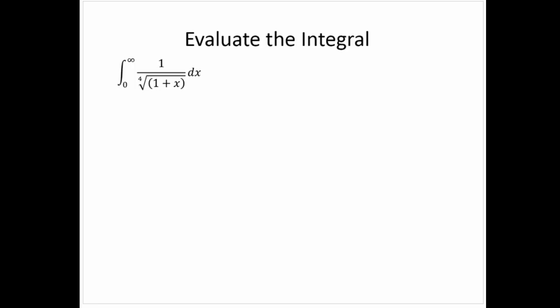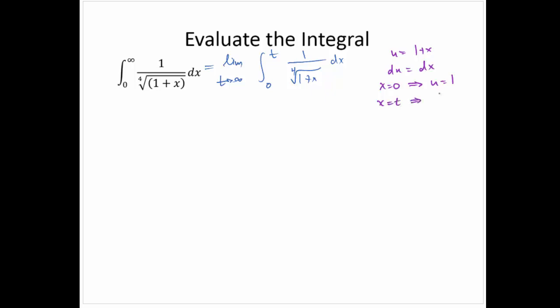Alright, so like with the previous exercises, I will rewrite this improper integral as the limit with t approaching infinity of the integral from 0 to t of 1 over the 4th root of 1 plus x dx. I will make the substitution u equals 1 plus x, which implies that du is dx. And if x equals 0, this implies then that u equals 1, and if x equals t, this implies then that u equals 1 plus t.